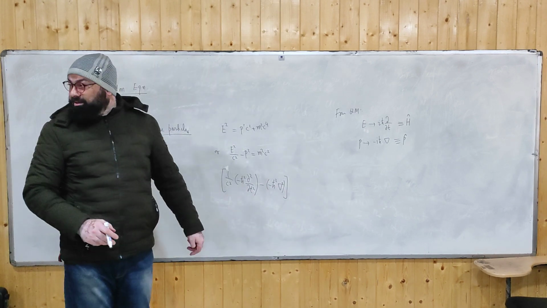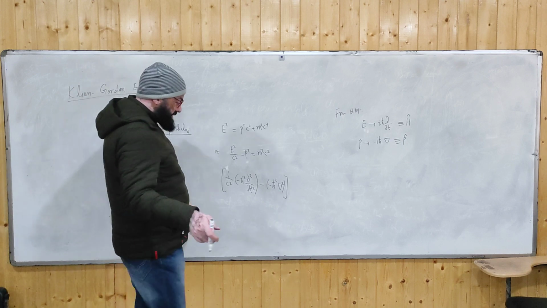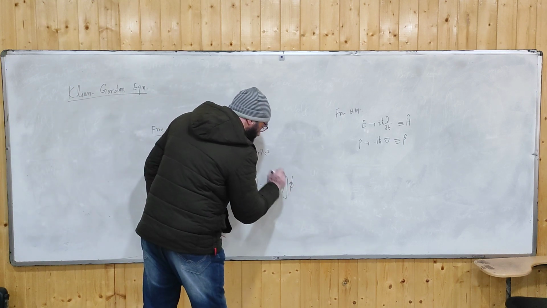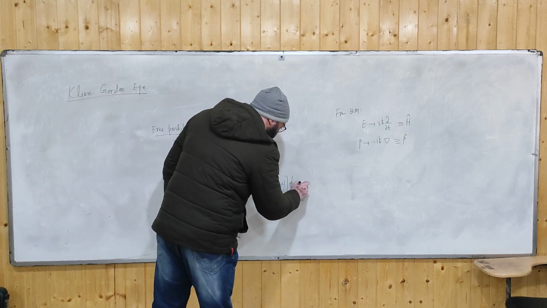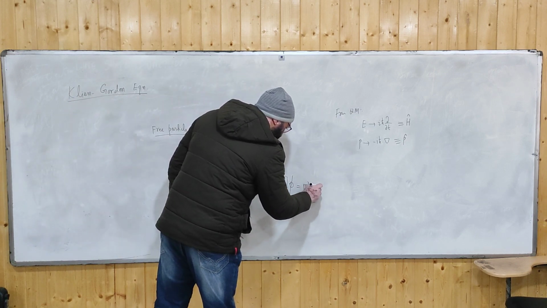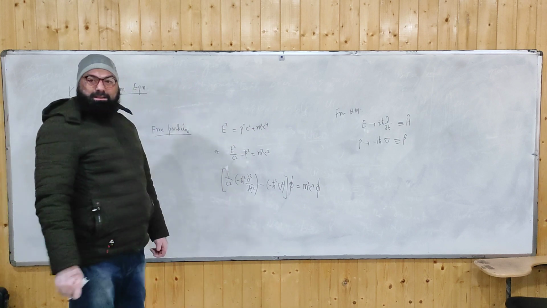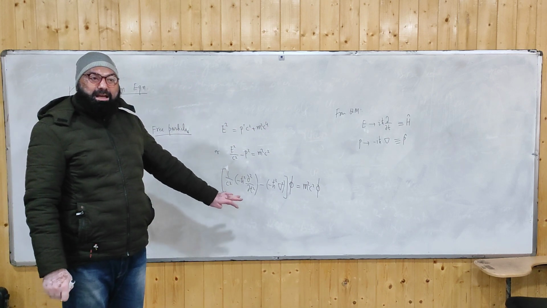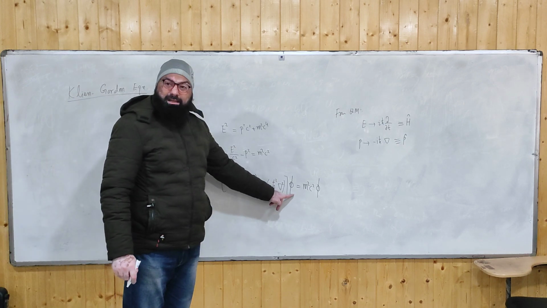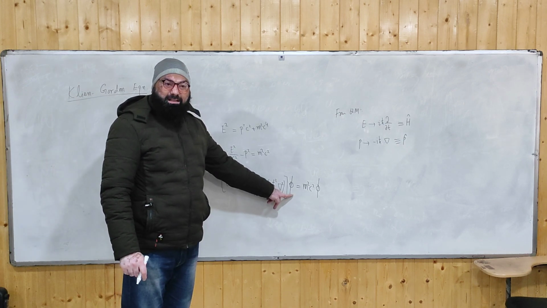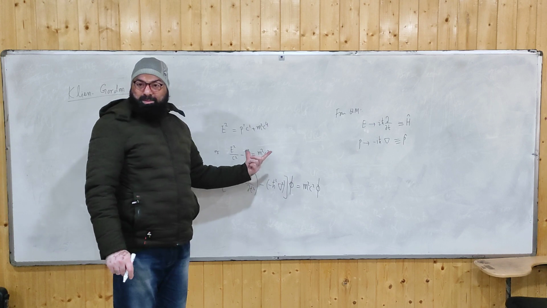So when you try to quantize this, you introduce a wave function, let's call that wave function phi, equal to m square c square. Clear? Because an operator has to act on some function. So this is a wave function corresponding to the particle represented by this energy momentum relation.